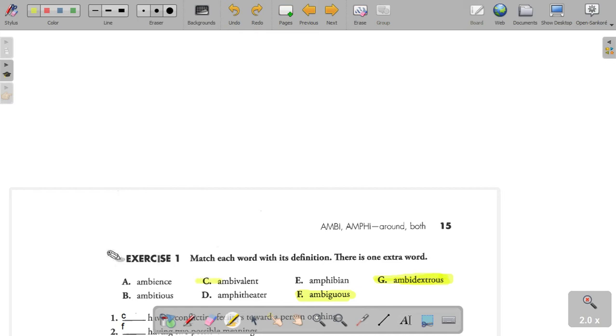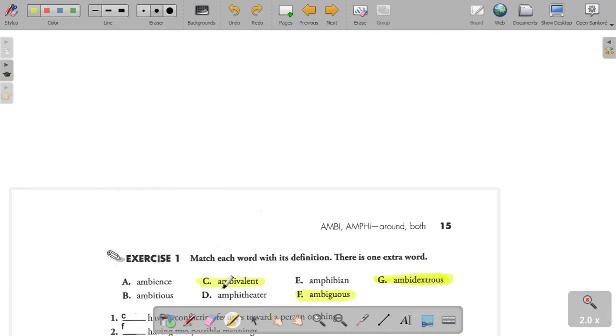What does ambivalent mean? If you're feeling ambivalent, what does that mean? Okay, I'll give you a clue.